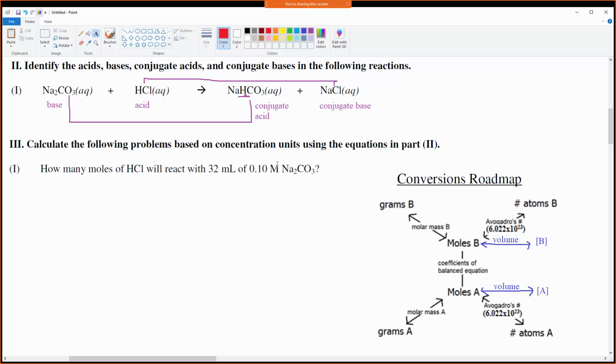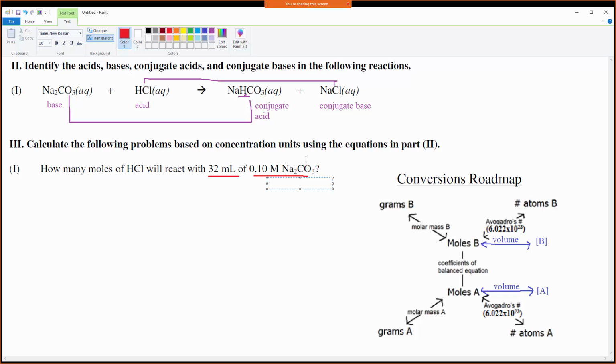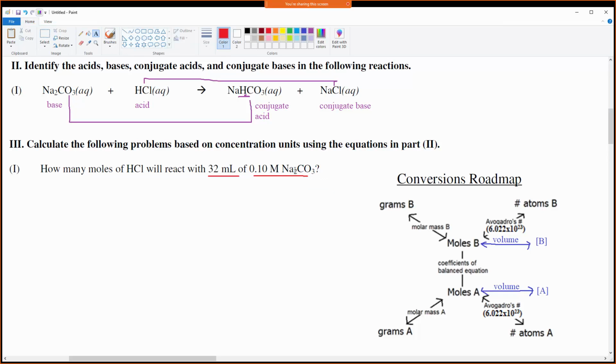How can we use the roadmap to solve this question? We're given volume and concentration. Erica says we're on molarity of A, and we can use molarity and volume to get us to moles, and that should help us convert to moles of the other thing.